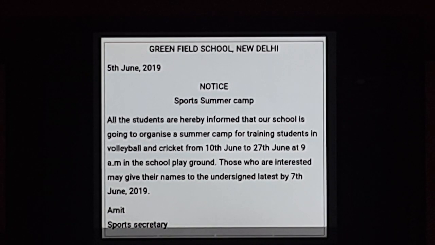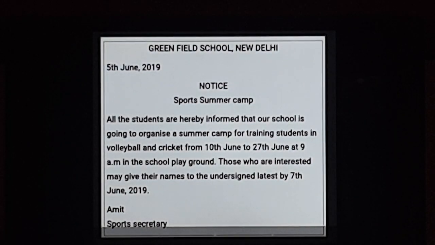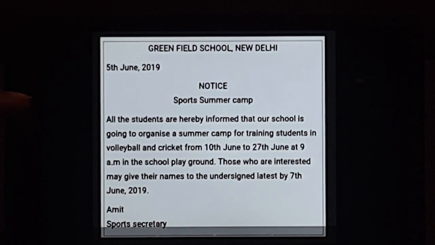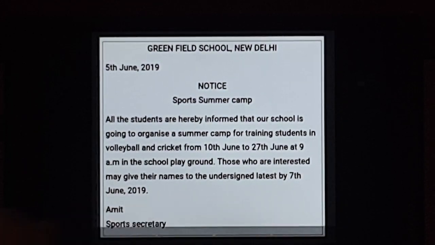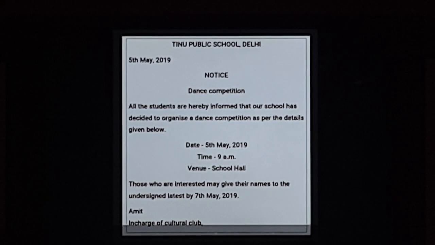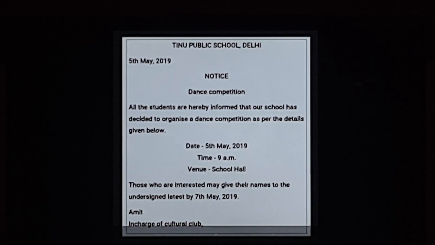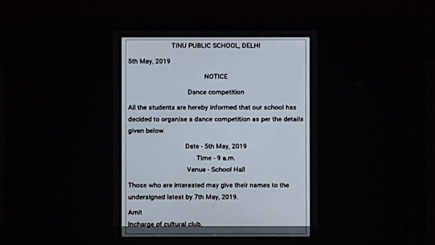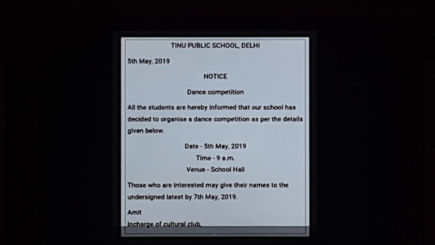After that, you can write the subject of the notice, and then the body, and last is the name with designation and your signature. So these are the different formats we will follow. The last ones I have given you, we will follow these.